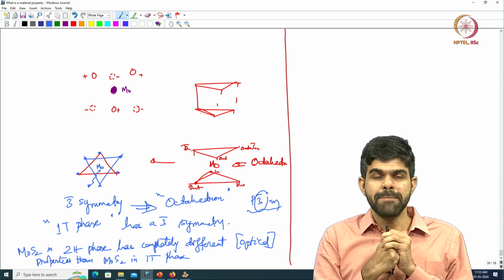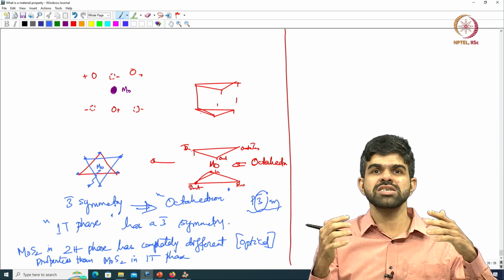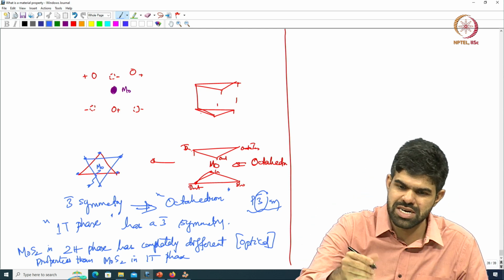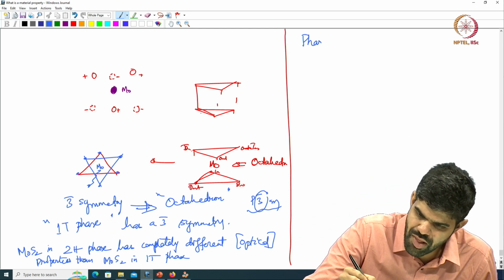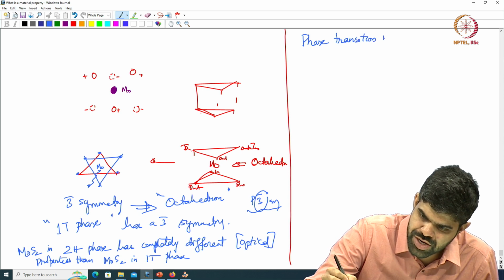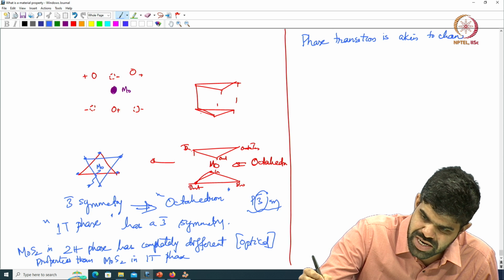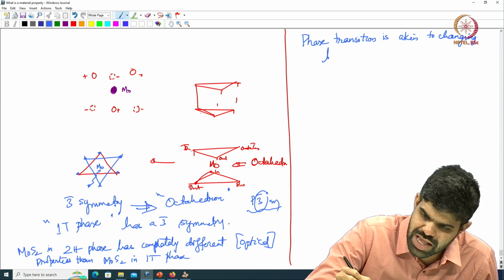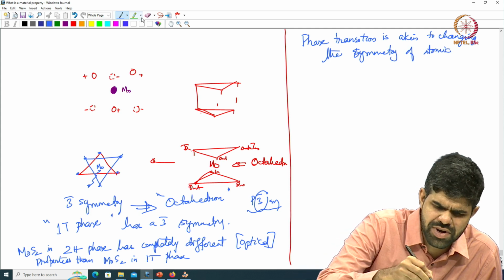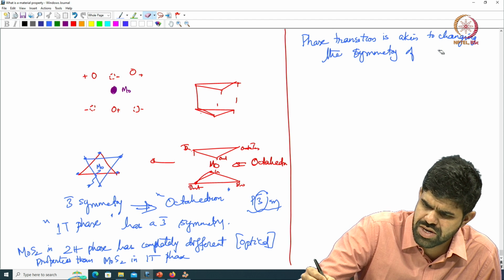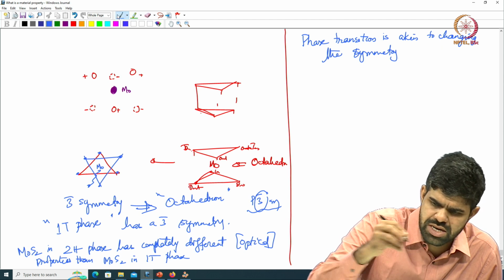strategies, but that conversion, that phase transition, is akin to changing the symmetry, right. The phase transition is akin to changing the atomic arrangements, changing the symmetry, right.